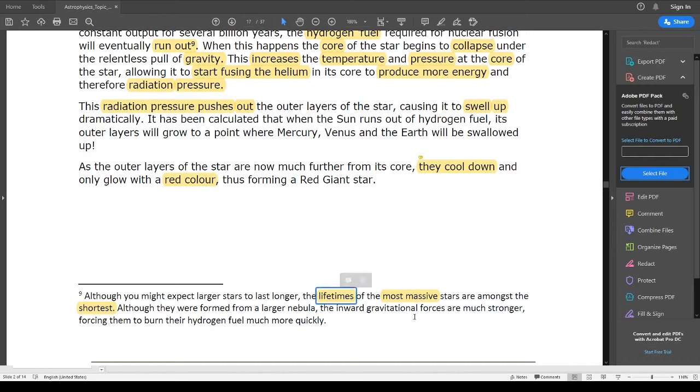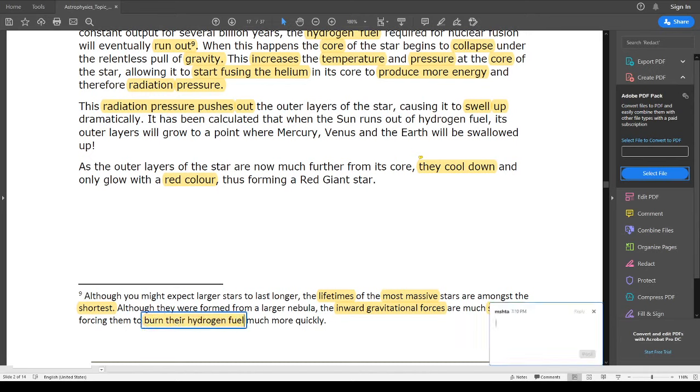So, the lifetime of the massive stars is the shortest. Why? Because their inward gravitational forces are much stronger, right? Because they have larger mass, so they have higher gravitational forces. So they burn, or fuse rather.